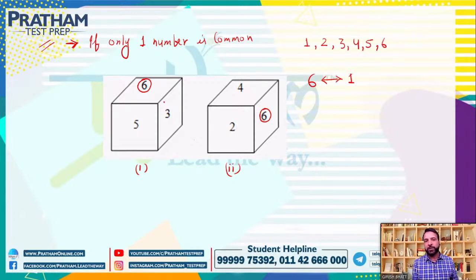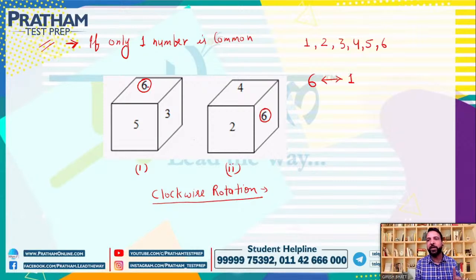So from this common number, start a clockwise rotation. Do you know in which direction the hands of a clock rotate? Do the rotation in the same direction as the clock's hands, from the common number. From 6 you came to 3, then 5.